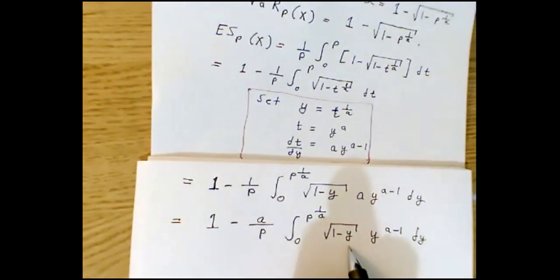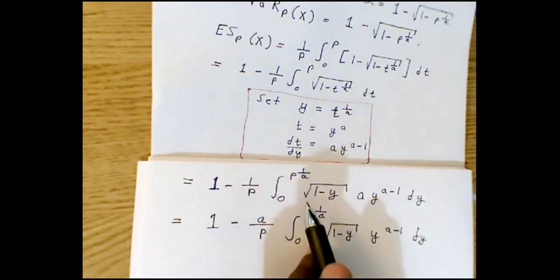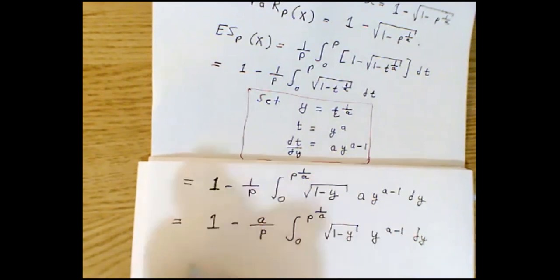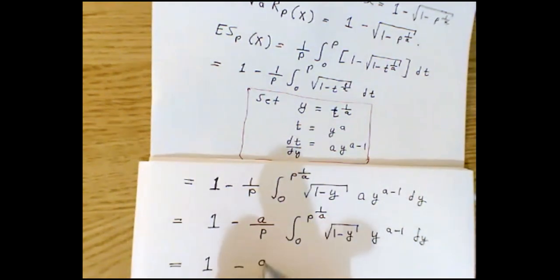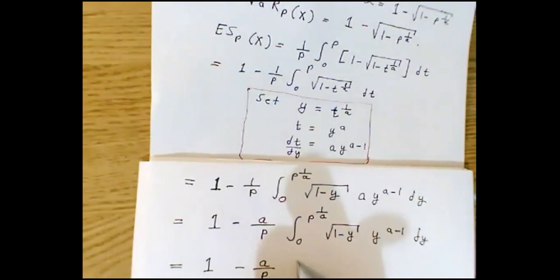Now what you have here is precisely what I said before in one of the early examples. This is an incomplete beta function. Instead of from 0 to 1, you have 0 to a fixed number. So the final step of my answer is that this is an incomplete beta function.